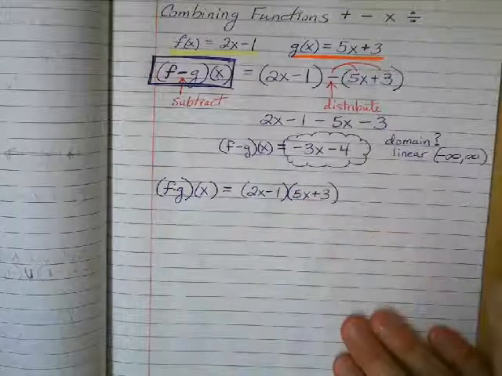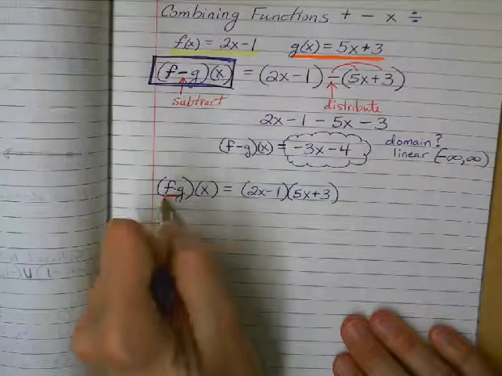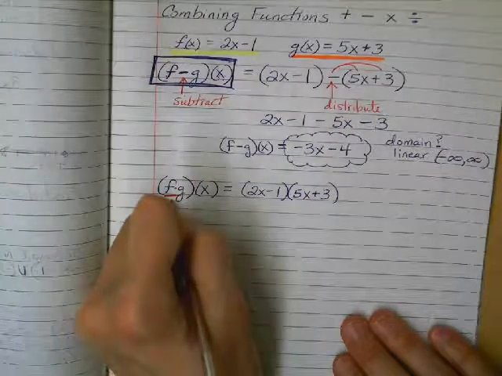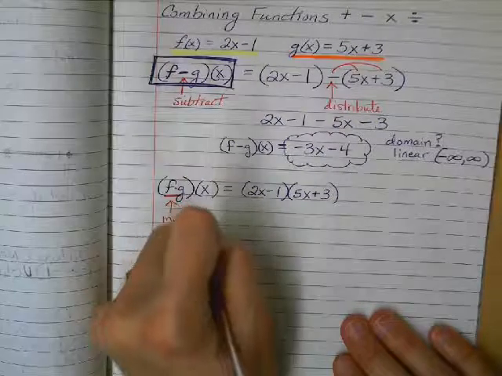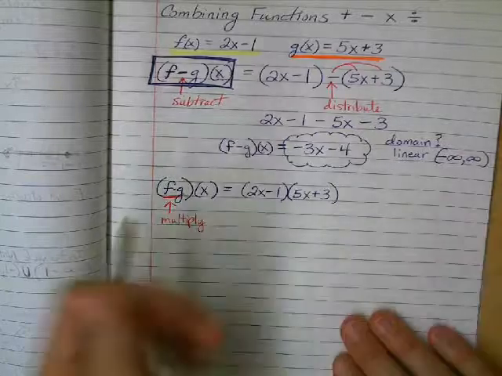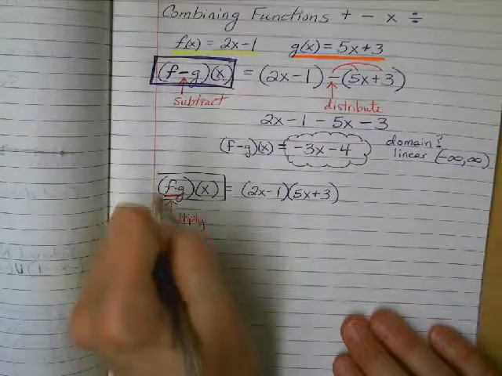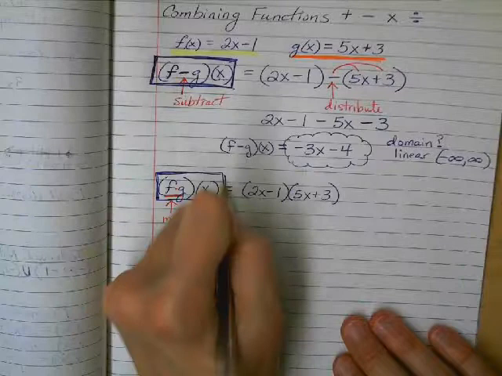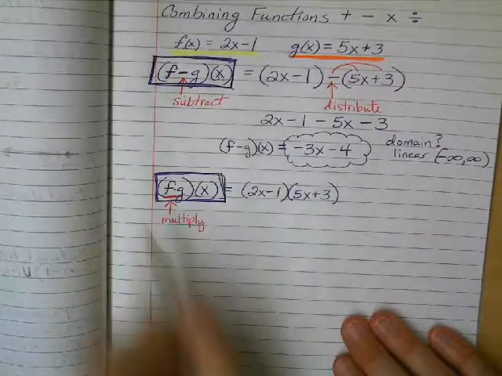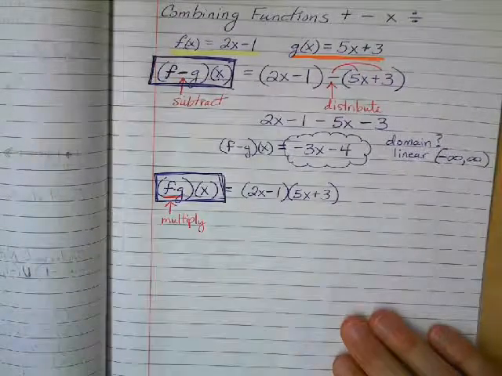This time it's multiply. When it's just fg written together, that means multiply. So they ask something like this, find fg of x. That means multiply the f and g functions together.